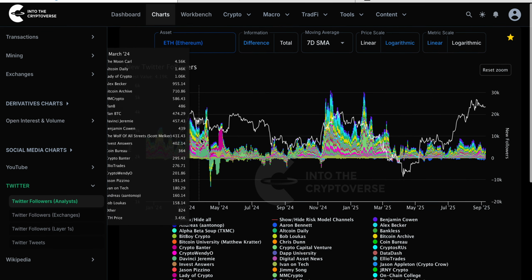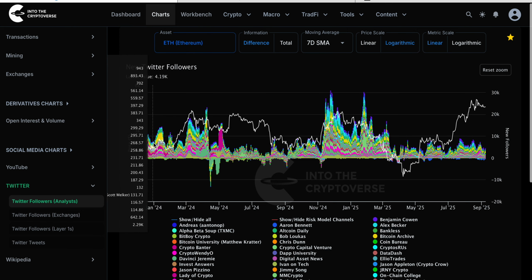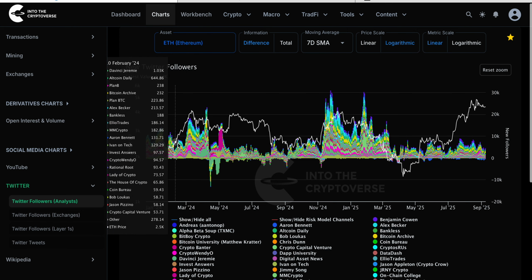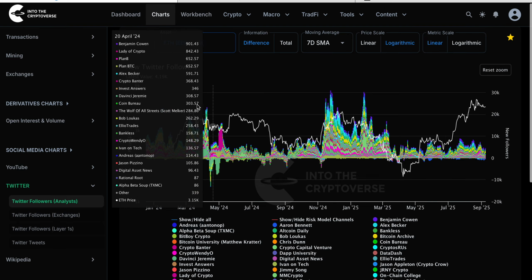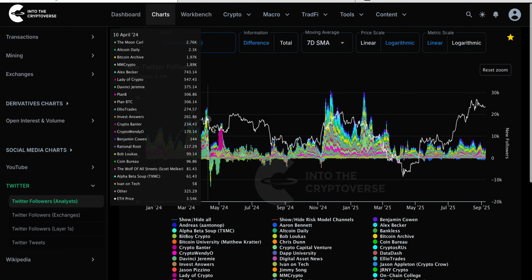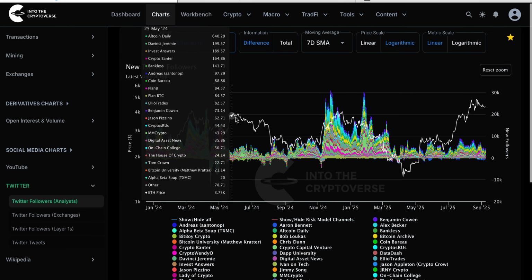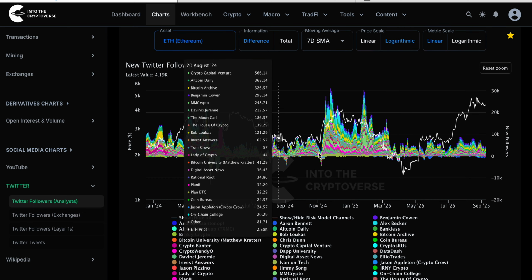I don't know why it's not appearing, but it's March 24. We saw the Twitter followers rising massively, right? Right in this area, Ethereum had a top, and the Twitter followers rose, right? Then we dumped, and we saw another pump. Twitter followers didn't come back, and it dumped again.